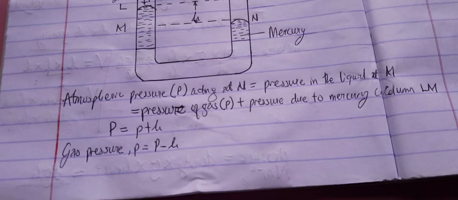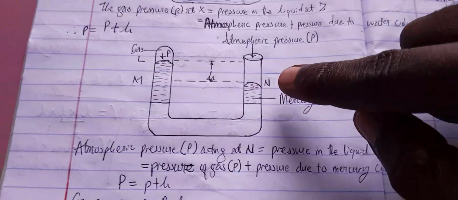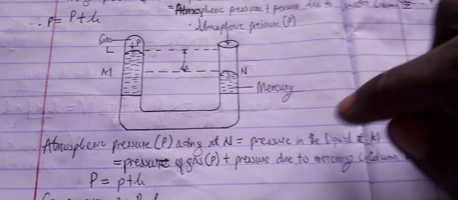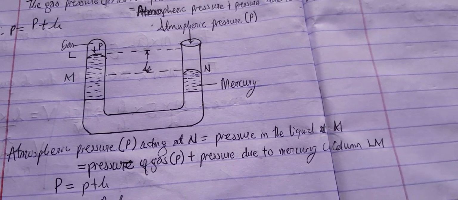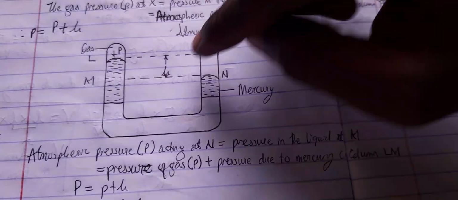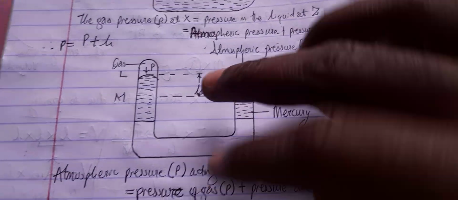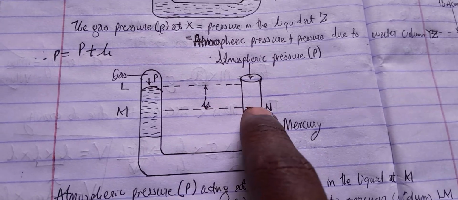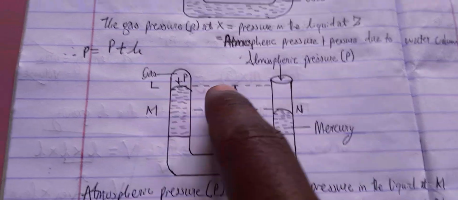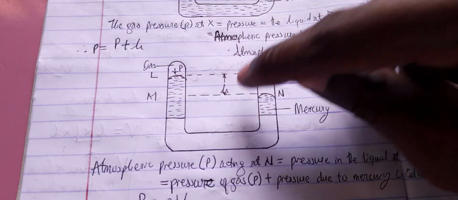The formula for this is the atmospheric pressure, capital letter P, acting at L, equal to the pressure of the mercury at M. Now the gas pressure, small letter p, plus the pressure due to the mercury column h, that's this difference, and this is the height.